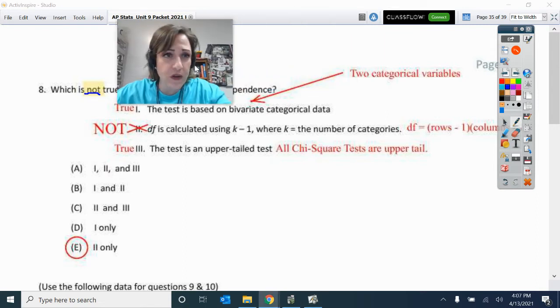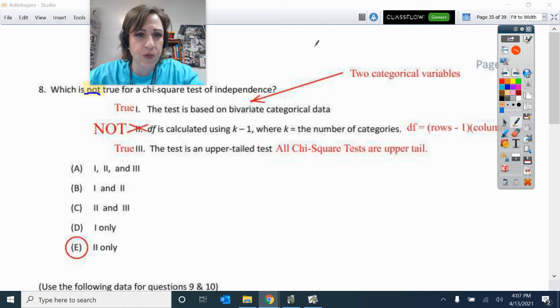So, first of all, this first question is what's true about the chi-square test of independence. It says the test is based on bivariate categorical data. So remember, bi is 2. So this is saying 2 variables, and we've talked about how they are categorical, not quantitative.